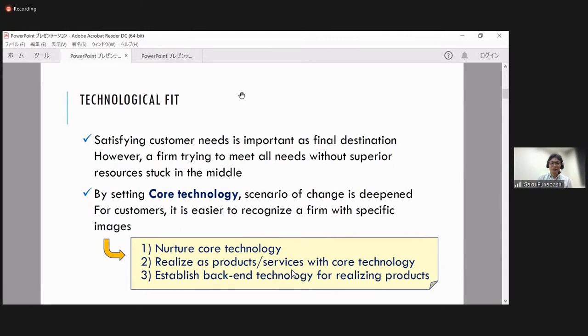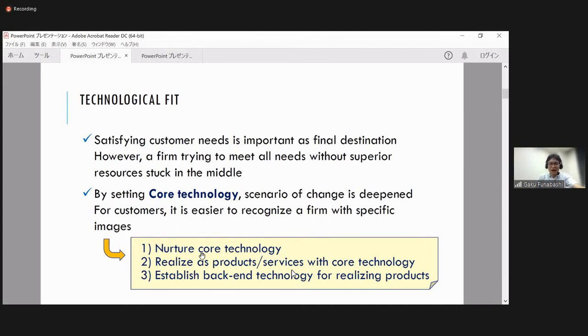So again, to understand what your core technology is very important. And for setting the core technologies, first, if you don't have that kind of core technology yet, you have to nurture, you have to create, you have to have such kind of technology.